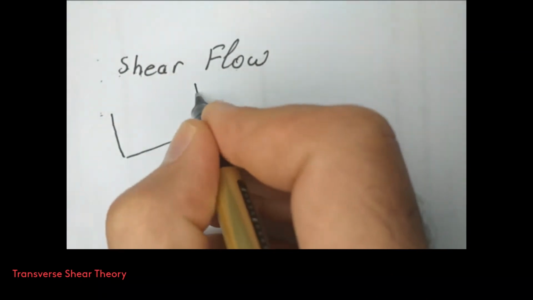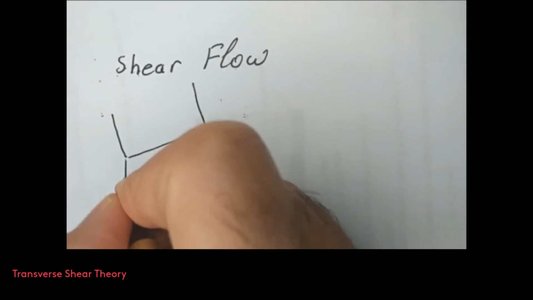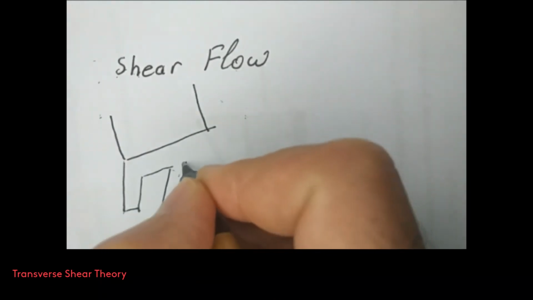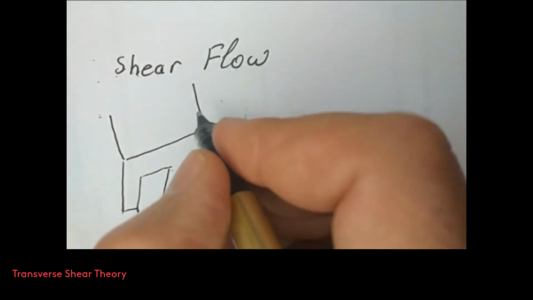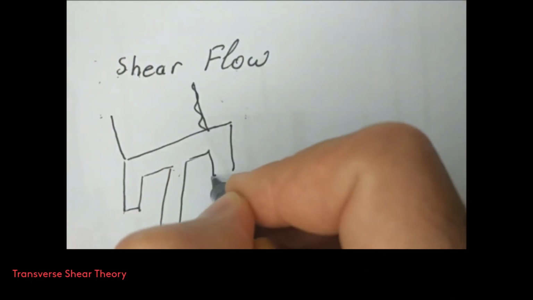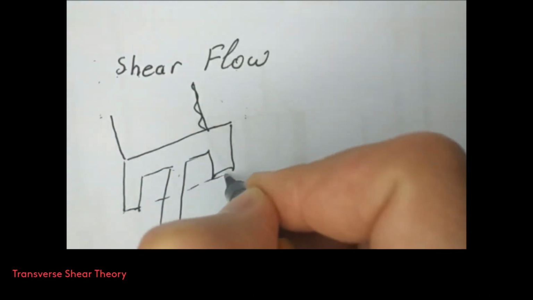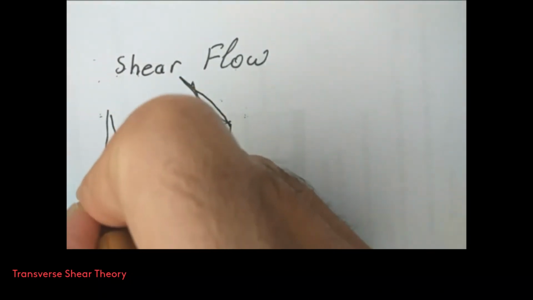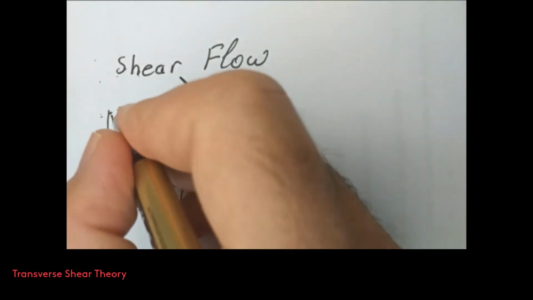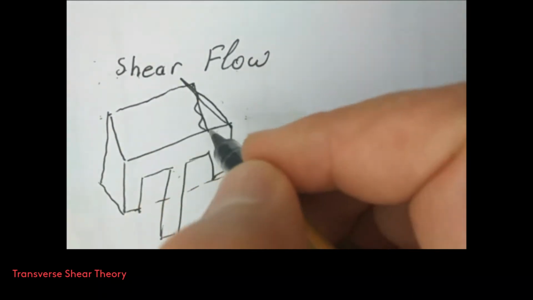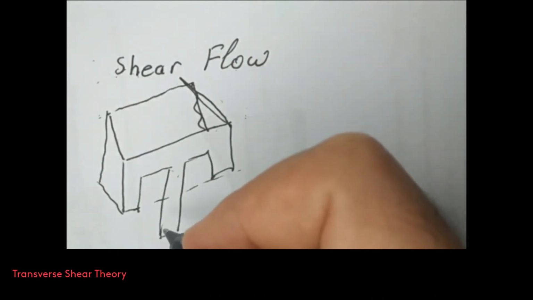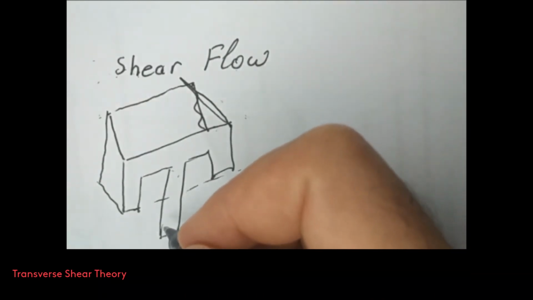So just consider a beam like this, and it goes like this. So just think that this is a tiny slice of the beam, and in fact on either side we have the bending moments.